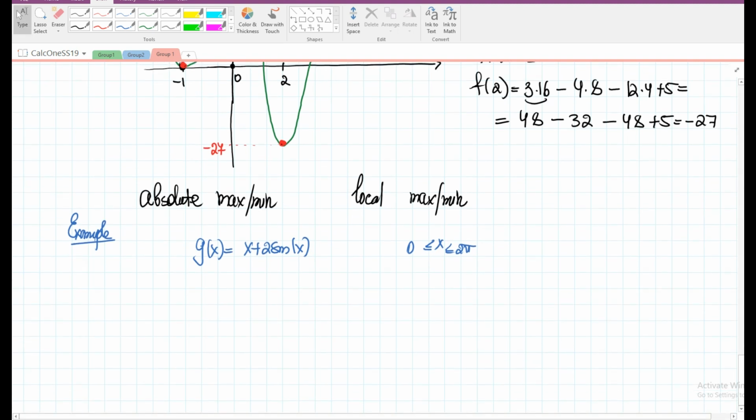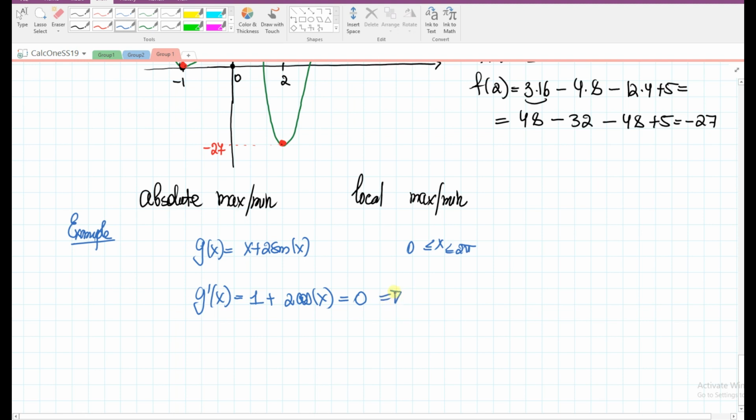In order to do this, again, we need to find the derivative, and then find the signs of the derivative of this function. So let's find the derivative. What will be the derivative? 1 plus 2 cosine of x, right? In which values of x between 0 and 2 pi does this become 0? I need to equalize this to 0.